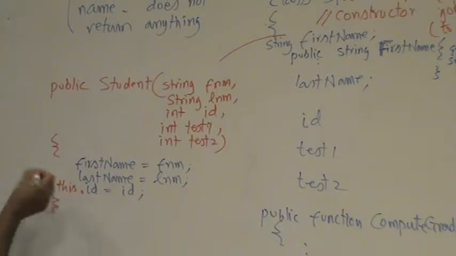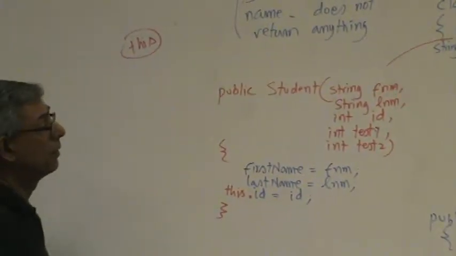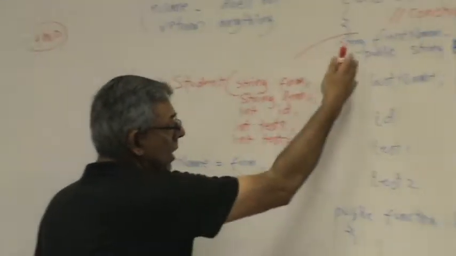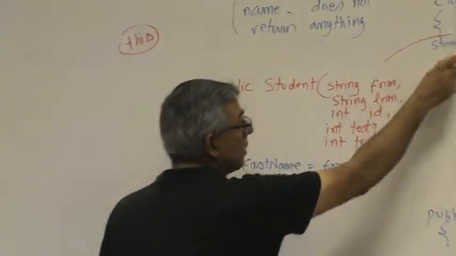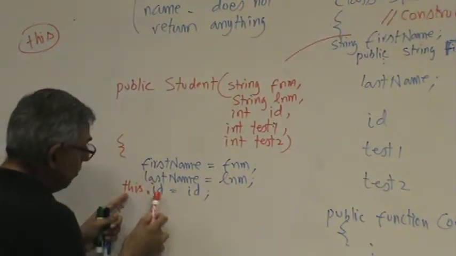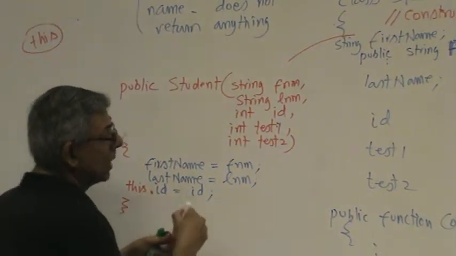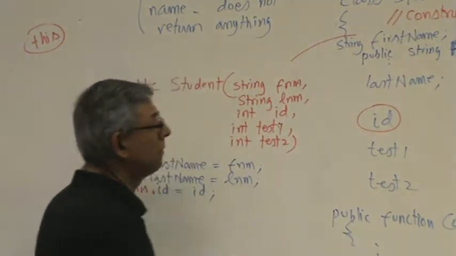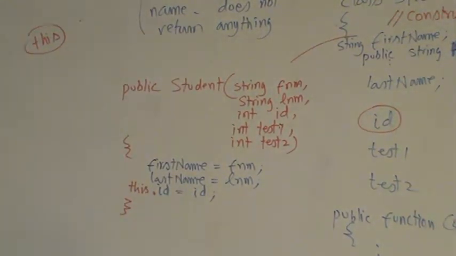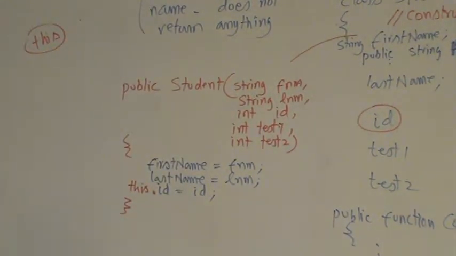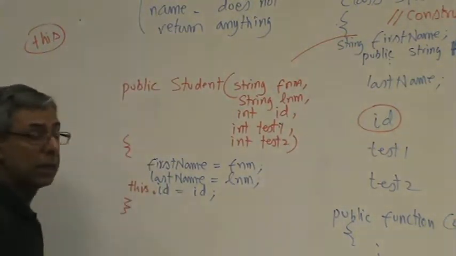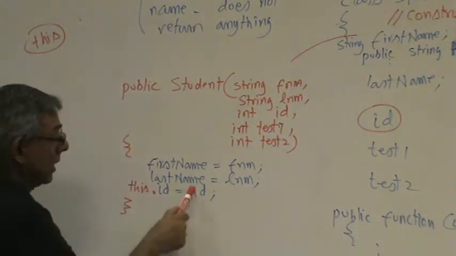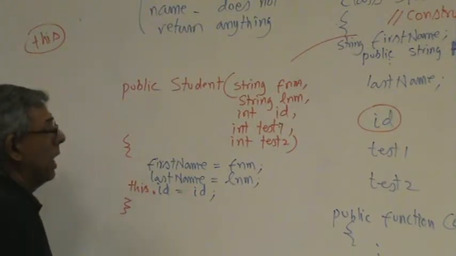equal to ID. So this is a keyword. Basically it means the object that we are dealing with. So in this case, because this is part of the student class, anytime we use the this keyword, that basically means we're referring to the data for our class. So this way there's no confusion. This dot ID will be the ID belonging to the class, and this ID will be the parameter over here.